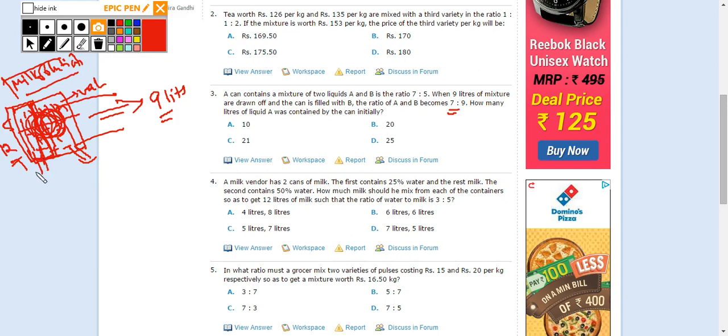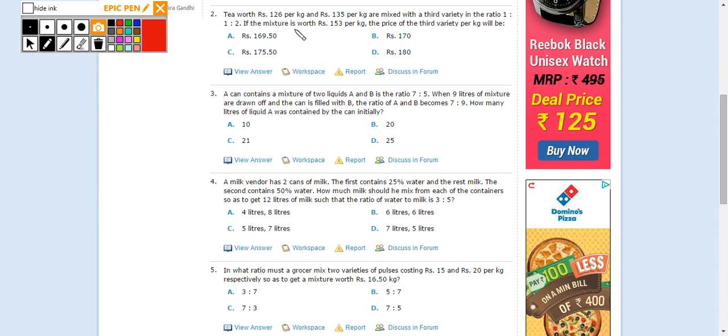What's going to be the ratio of milk to water in the leftover portion? It's going to be the same, right? No matter how many liters you take out, the ratio is going to remain the same. This is a very basic concept, but a very important concept. It doesn't matter how many liters you take out, the ratio is going to remain the same. Okay, I'm going to delete this one out.